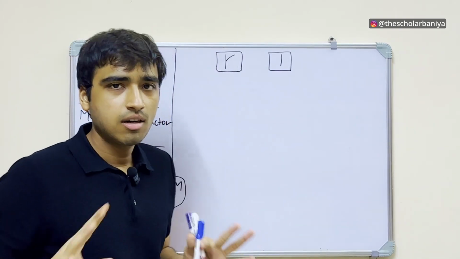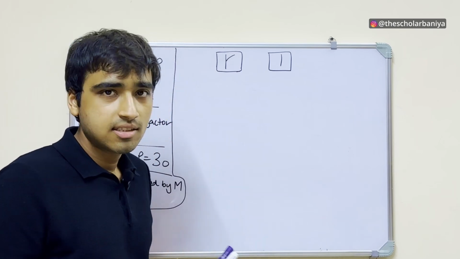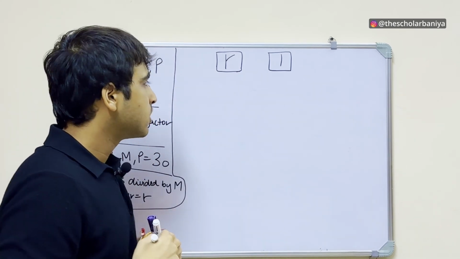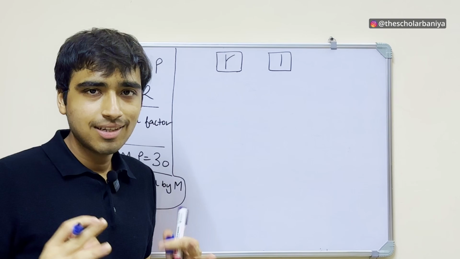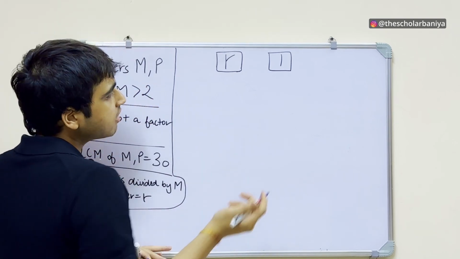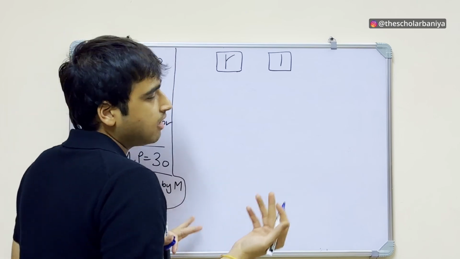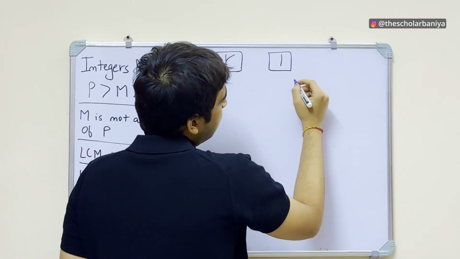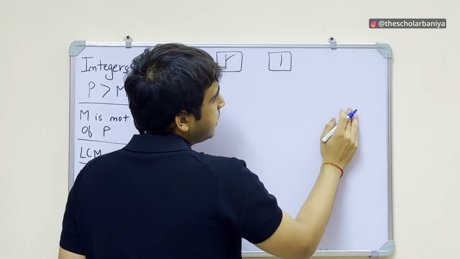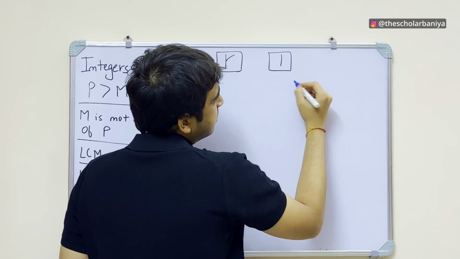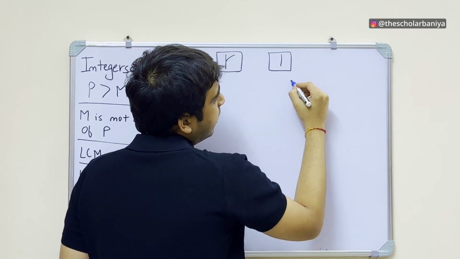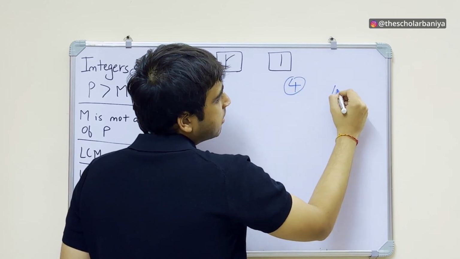So there is a lot of information given. Let's see it one by one, right? So firstly, I would like to ask, what is LCM? I hope you know it. So for example, there are two numbers, let's say, for instance, 4 and 10, right? So one number is 4 and the other number is 10.